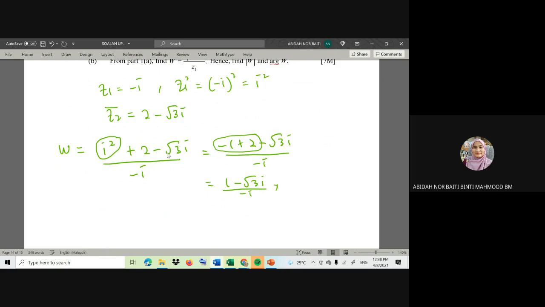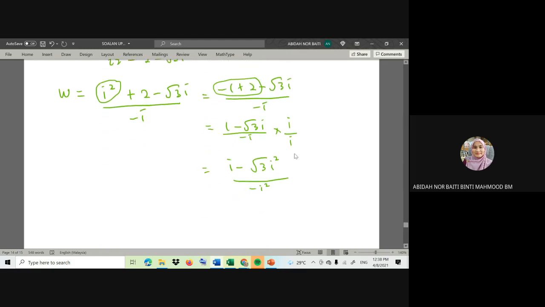Yes, multiply by its conjugate of denominator. So we multiply with positive i. Okay, positive i. So numerator times numerator, denominator times denominator. Okay, then we substitute the value of i squared with negative 1.